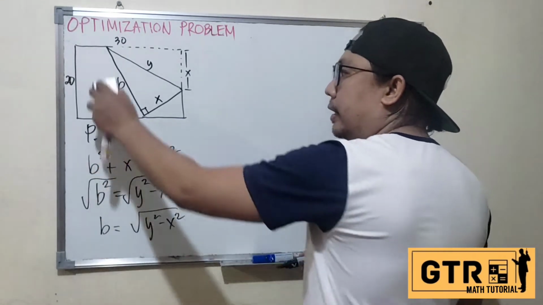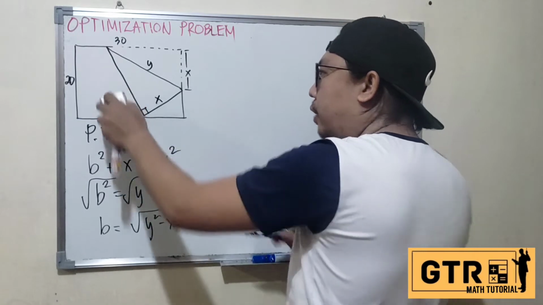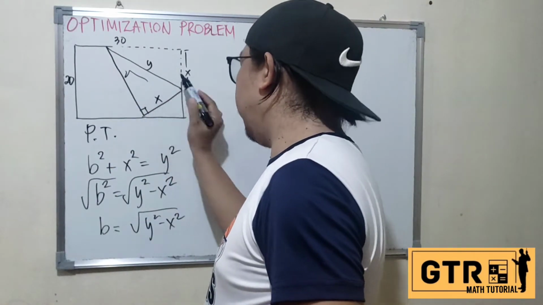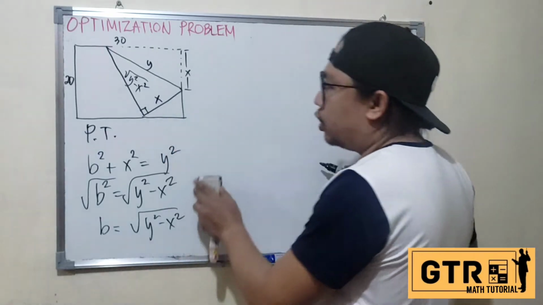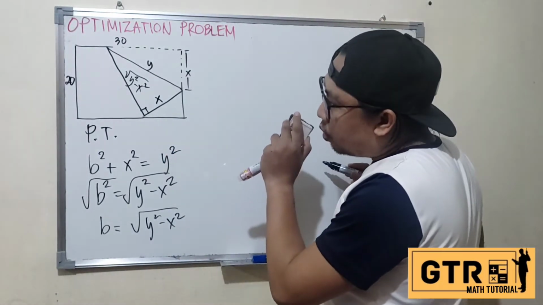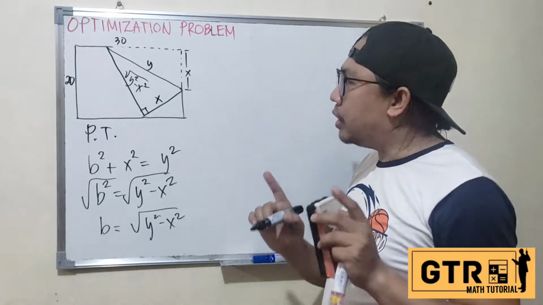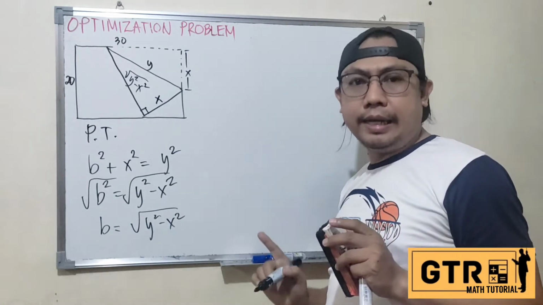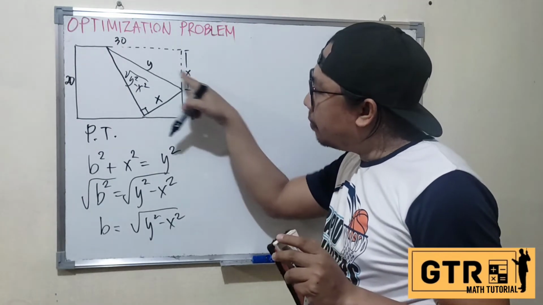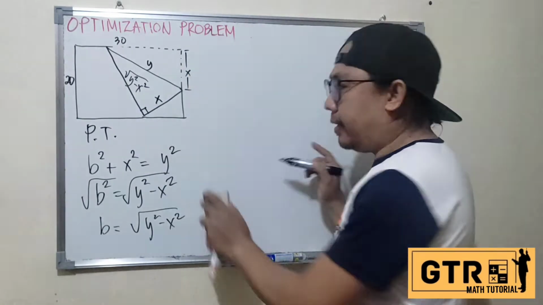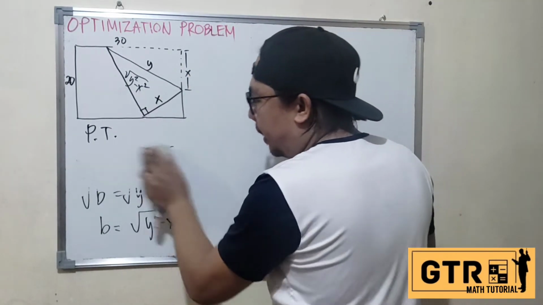So therefore, this side b is equal to square root of y squared minus x squared. So we need to find an equation that involves y and x only, so that we can minimize y. Okay?